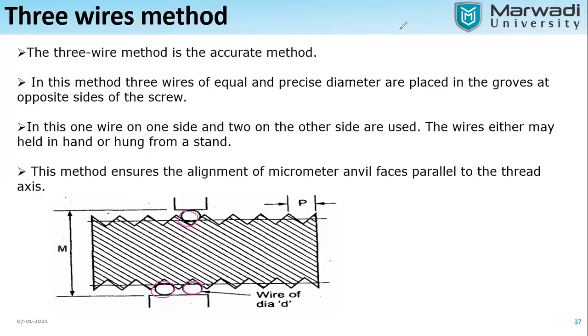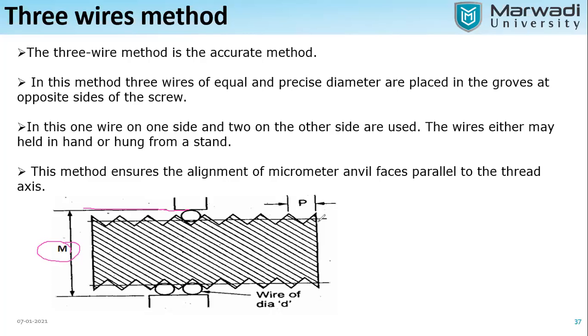And again we will get the same answer because we have not made any change in terms of geometry. So here our task is to find the outer diameter, which is m. Practically we are finding it, but theoretically we also have to see whether it is the answer that we want, or is there any deviation between the practical and theoretical result? So our task in the three wire method is to find this dimension over the wire.